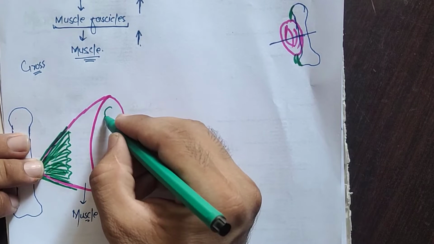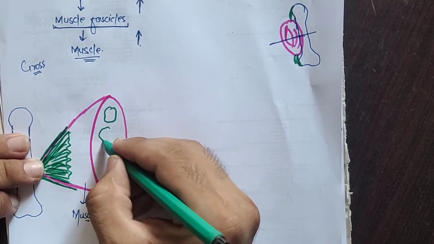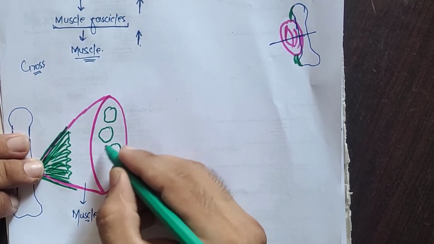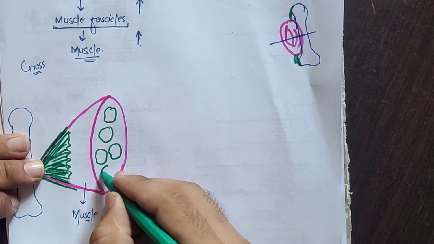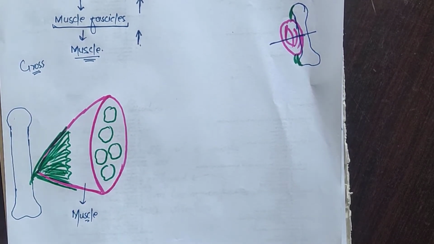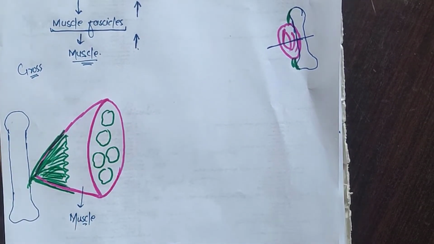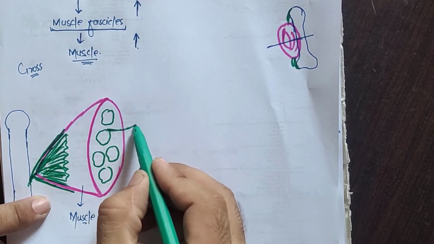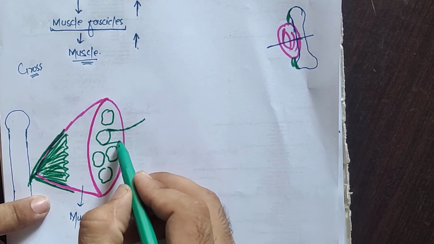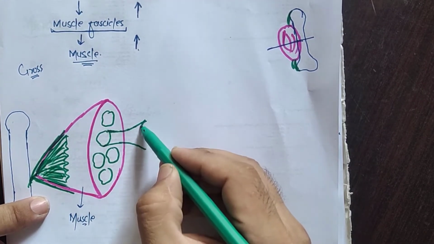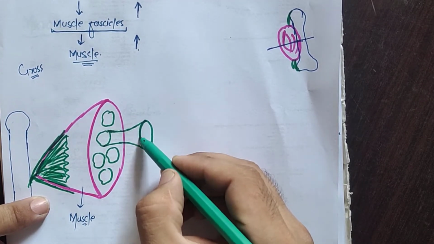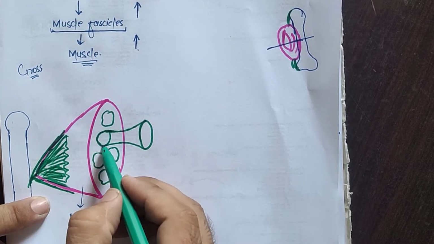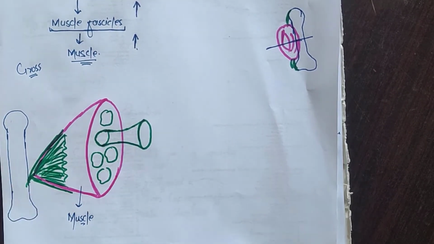Here are the muscle fascicles, for example, right? Now if you want to enlarge one muscle fascicle, I will enlarge it like this, right? What will be there inside it? This is one muscle fascicle that we took from here and we have enlarged it.